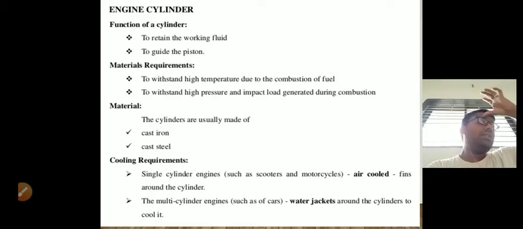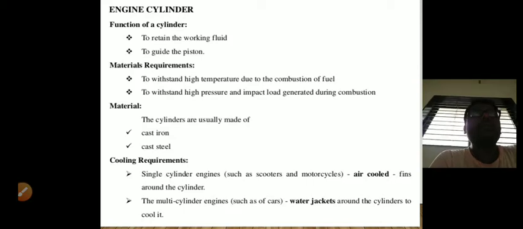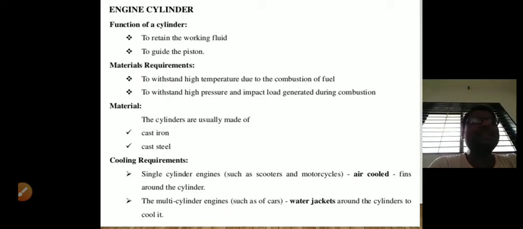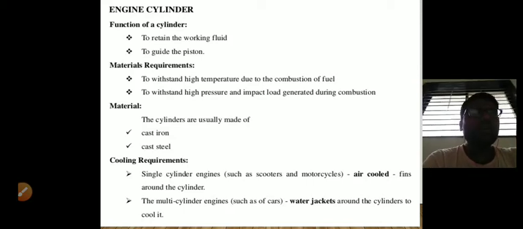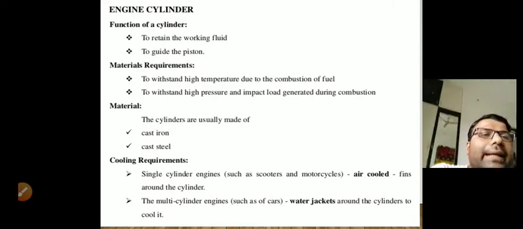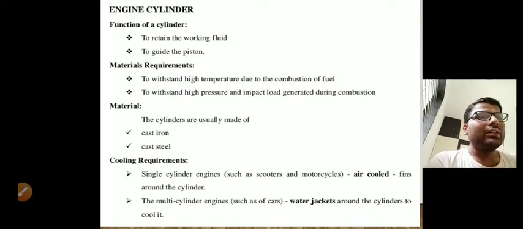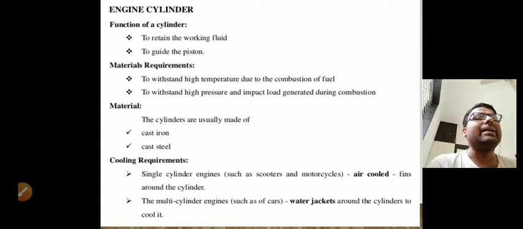Now, the main and important part of the design of the cylinder is the requirement of material. The first main requirement to select the material is that the work done in the cylinder is at high temperature. Why?